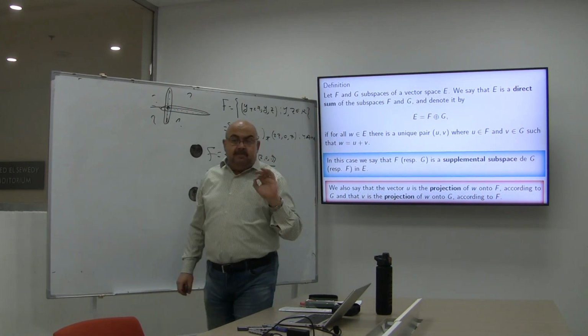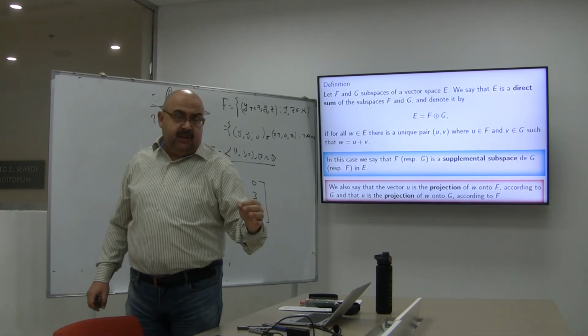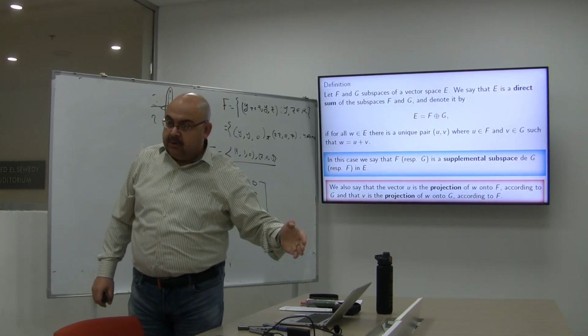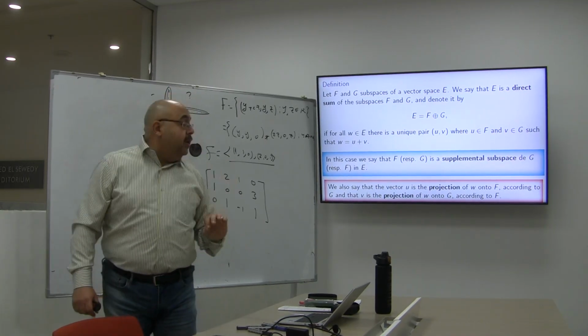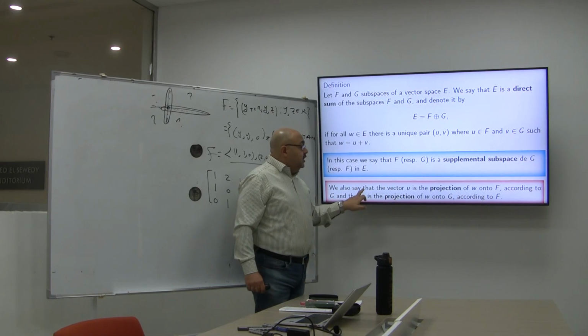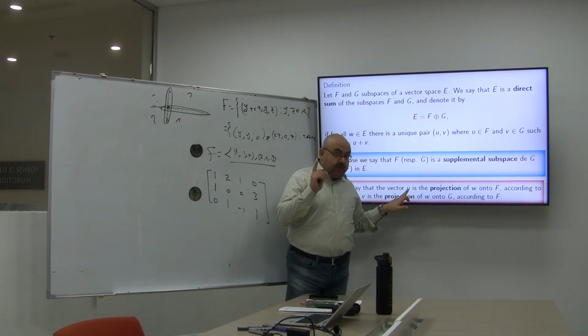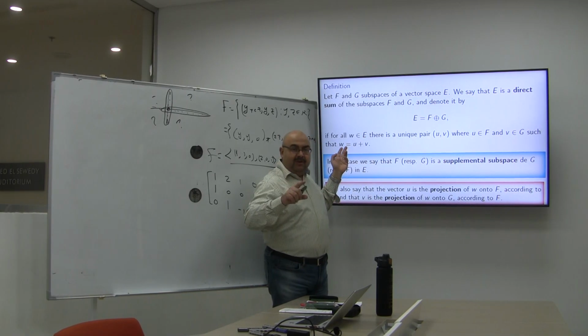We will speak a lot about the projection of a vector into a subvector space and its components down the road. But this is just the first one. So I'm going to repeat it once more. We also say that the vector U, which is a part of W, because W is made up of U and V, okay?